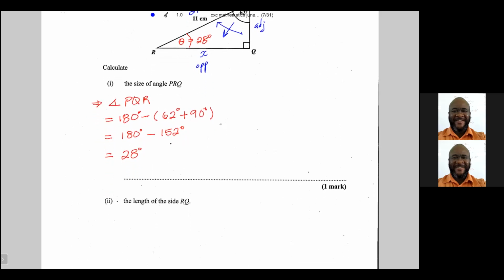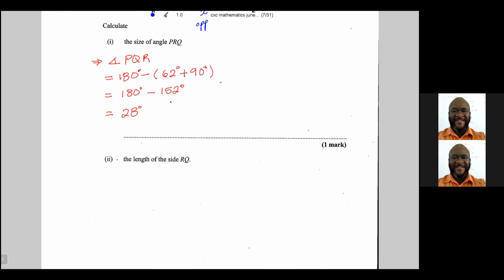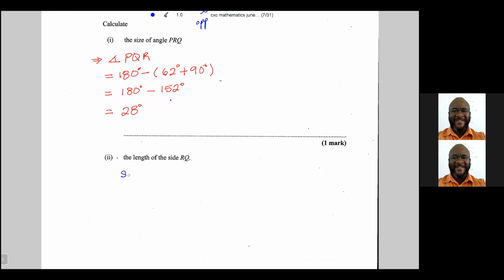So I'm going to ask myself, which trig ratio includes opposite and hypotenuse? And the simple answer there is sine. So I'm going to say sine is equal to opposite over hypotenuse. Then I'm going to say the sine of 62 degrees is equal to opposite X over hypotenuse, which is 11.